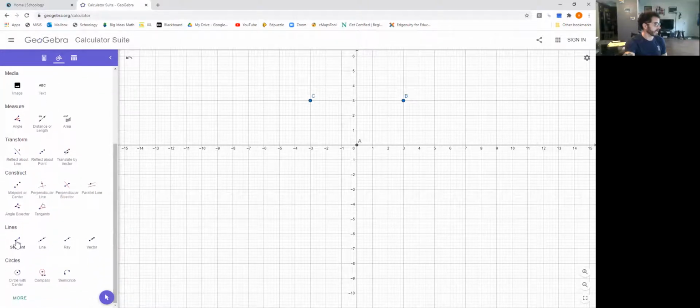I don't need to measure anything. I'm going to make my line segments to connect so that we know it is a beautiful triangle. All right, so we have a triangle here, with vertices 0, 0, 3, 3, and -3, 3.